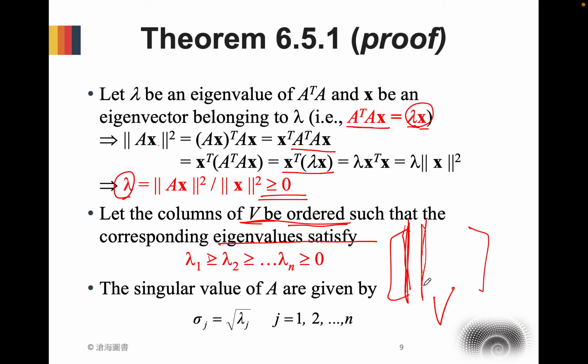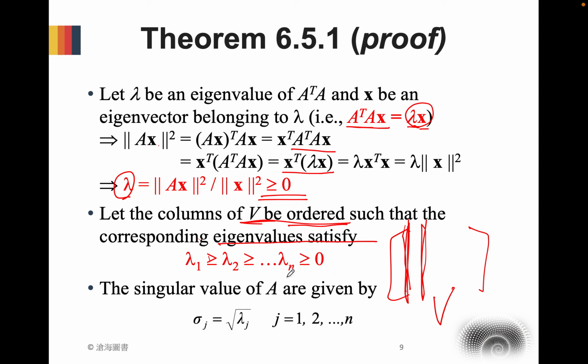The second eigenvector corresponds to the second largest eigenvalue lambda 2, and so on. So we intentionally order the eigenvectors in this way.